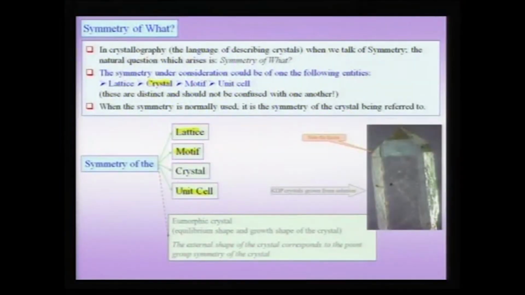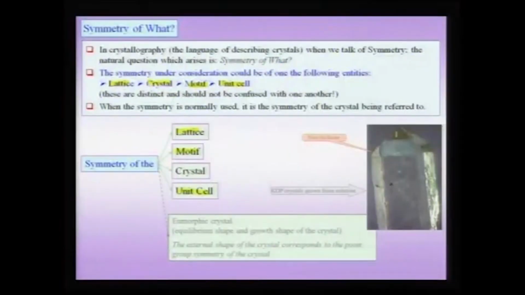Suppose I could be talking about the symmetry of the crystal, which is what is primarily important, but in certain specific contexts, for instance, we could be talking about the symmetry of the lattice or the symmetry of the motif or the symmetry of the unit cell, and that is why when a description of symmetry is being made, it is very, very important to note under what context, what is the central focus of the description which is being kept in mind. Additionally, we could also be talking about the symmetry of the growth of an external shape which we considered.